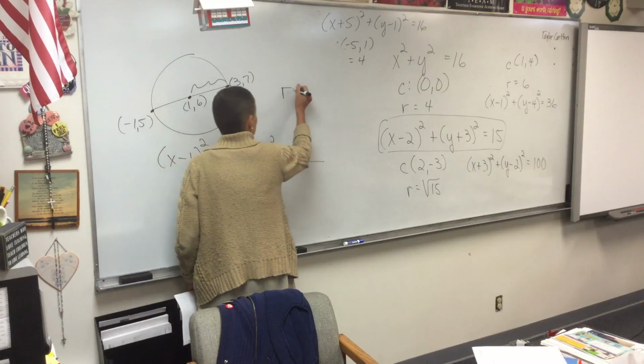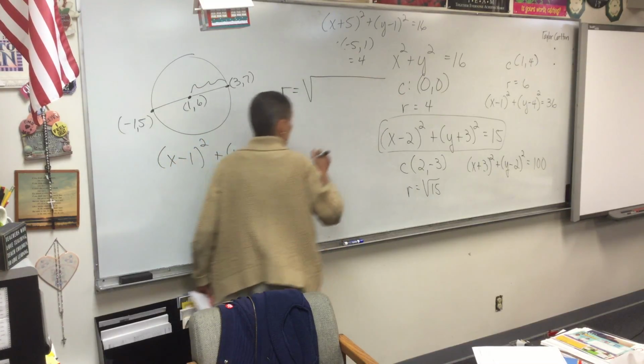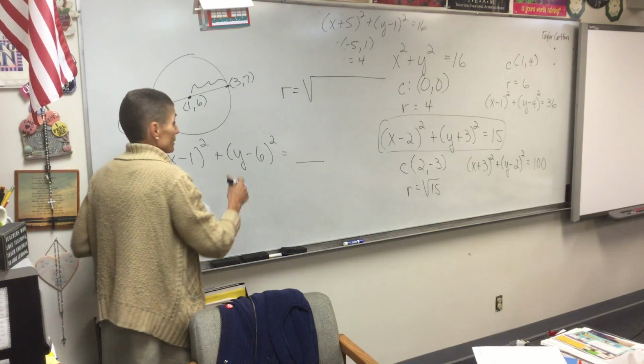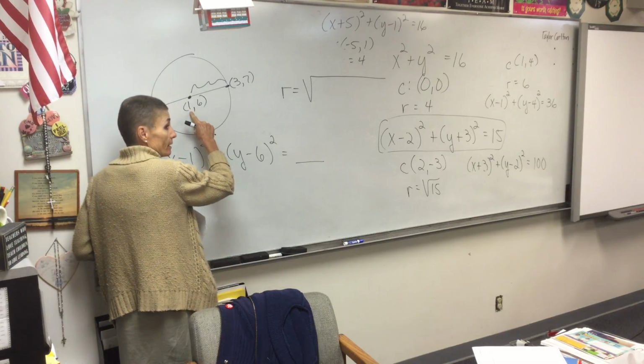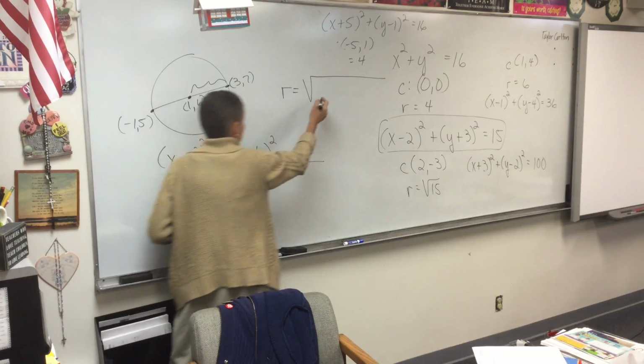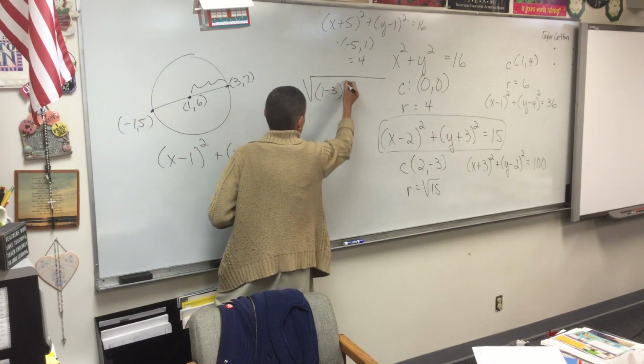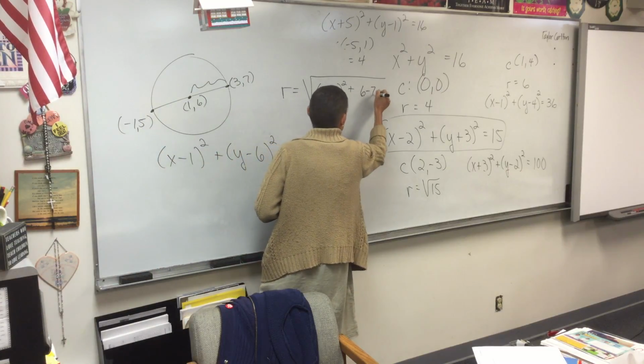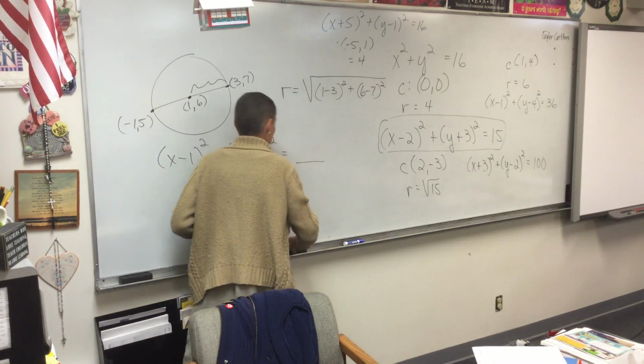So here we go. Distance formula, remember, is a big radical. How does that work? X minus x plus y minus y. And you square those.